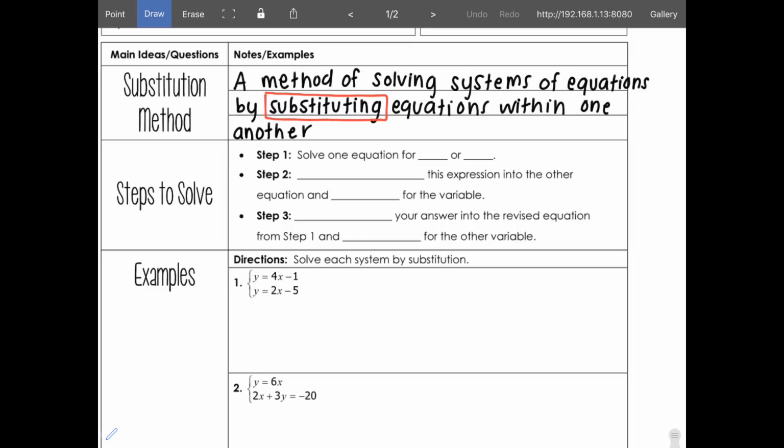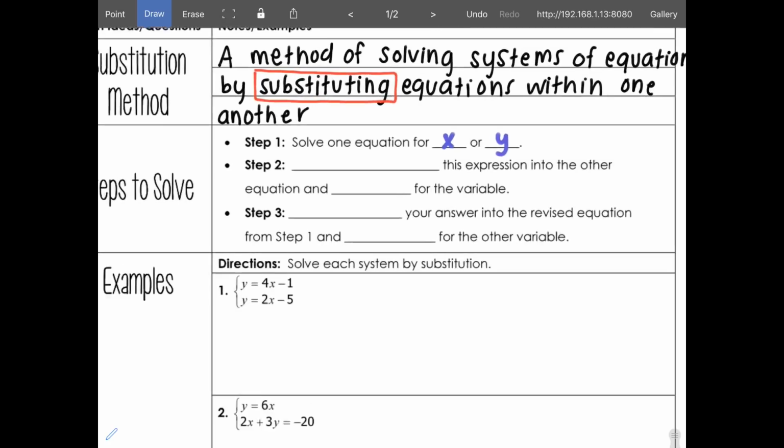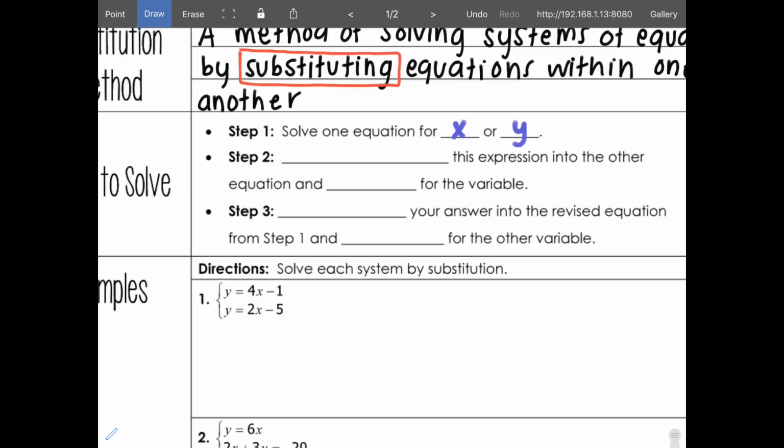So step one, it says solve one equation for x or y. Step two, it doesn't matter which variable you solve for. I know you guys are used to solving for y, so it might be easier to stick with that, but you'll see in the following examples.